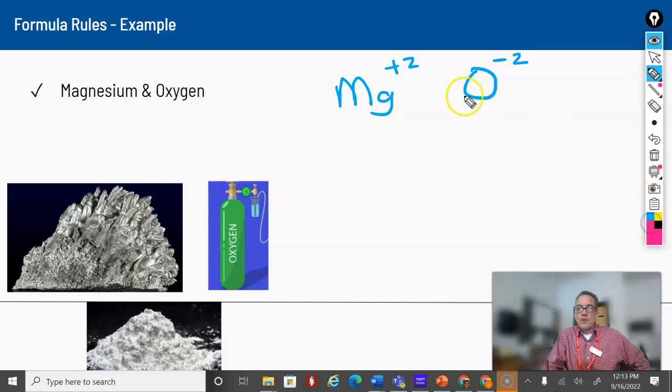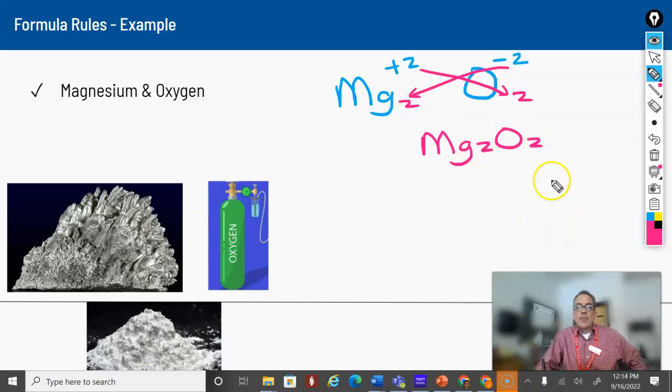If we do the crisscross method on this one, the 2 is going to come here, and the 2 is going to come here. And you might be very tempted to finish up your answer like this, but our formula again needs to be a ratio. And so if we have a ratio of 2 to 2, we can basically reduce that down, right? 2 to 2 is the same thing as 1 to 1.